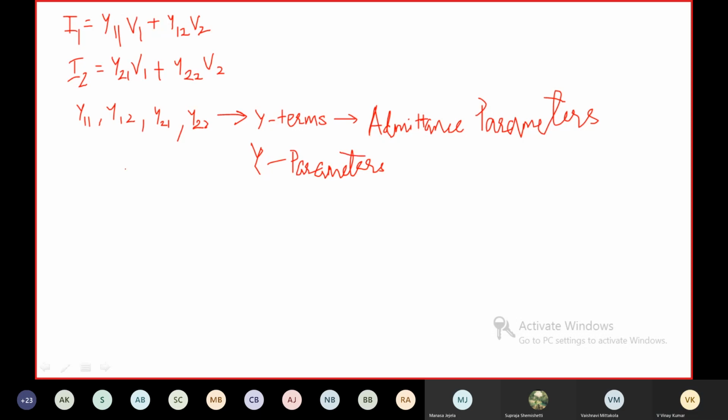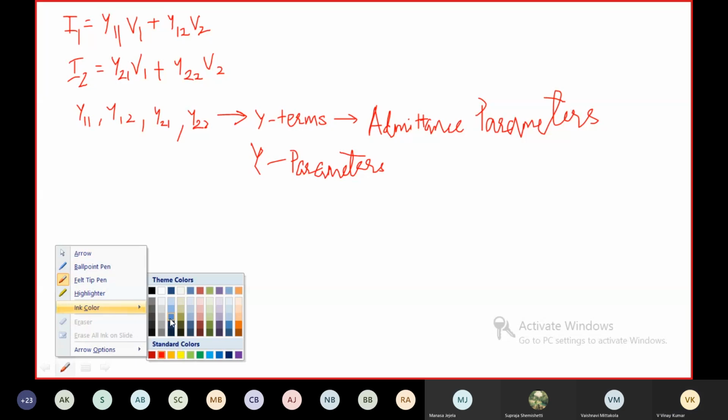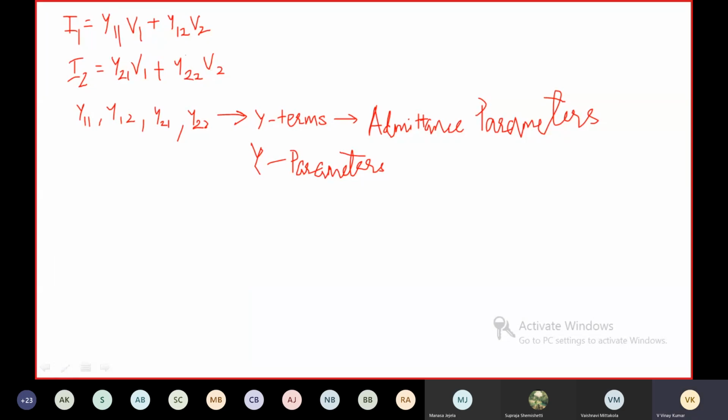Right. How can I find Y parameters? See, if I make V2 0, then I can find Y11.